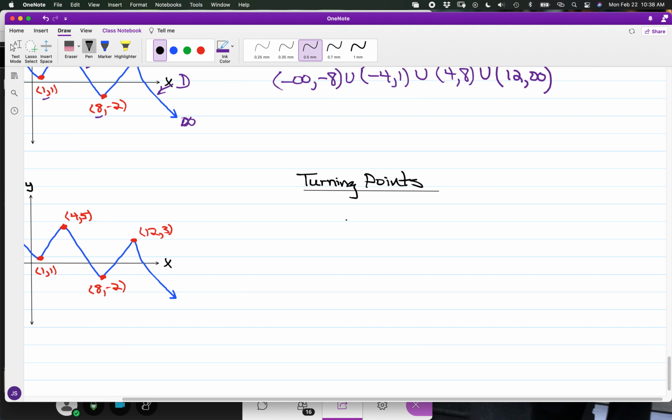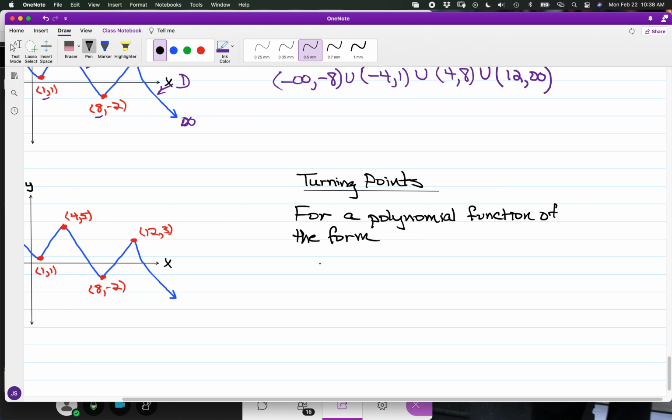Okay, and say we have a polynomial function. Now the introduction is going to be a bit theoretical, but I'm just going to stress the first term in the mix.